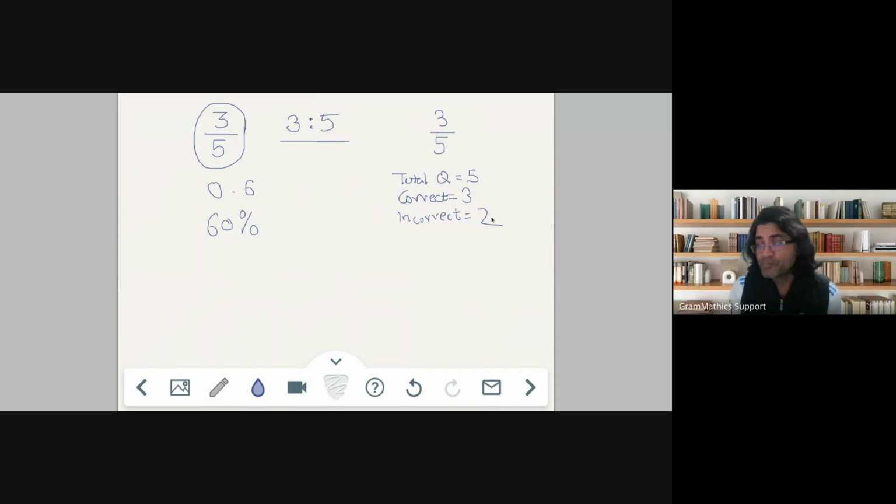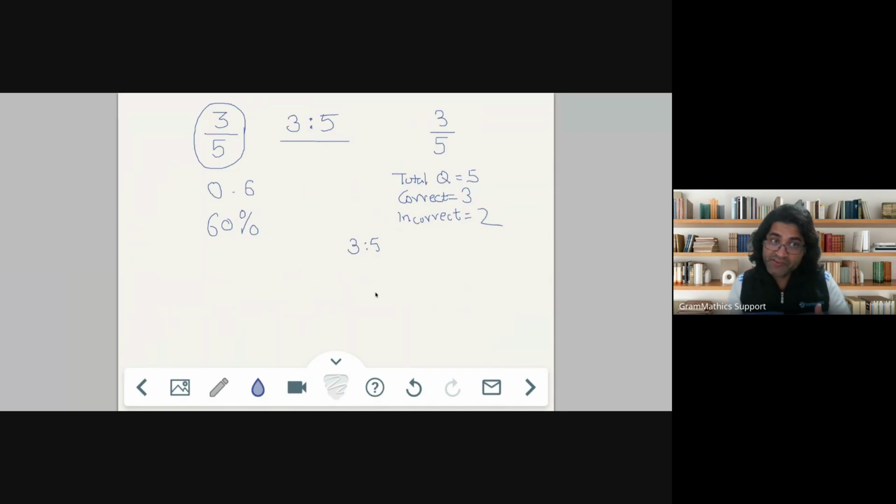So now the question can be asked to you in terms of ratio. Ratio is like comparing. So you have to read the question properly. If the question says, what is the ratio of correct answers to the total questions? So you're comparing correct to the total, in which case you will say 3:5.